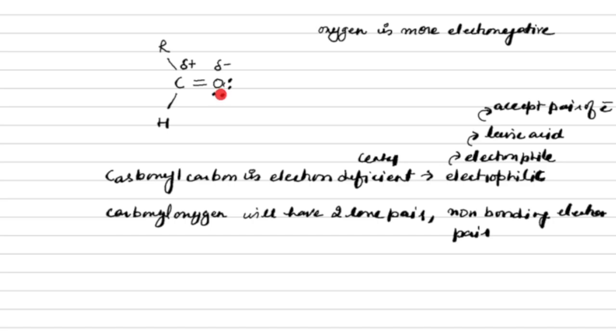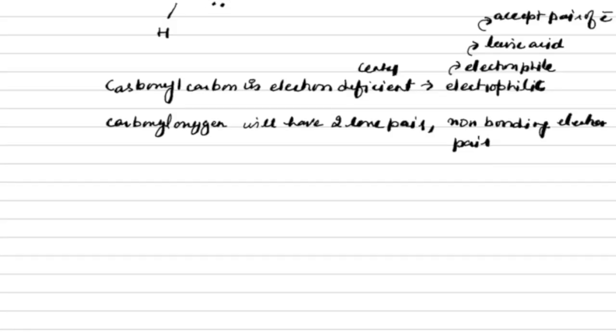So that is the situation for this oxygen. It's more electronegative. It has extra pairs which are not taking part in bonding. So what can happen due to this? Due to this, the oxygen we can call an electron rich center, or we can say it is a nucleophile.